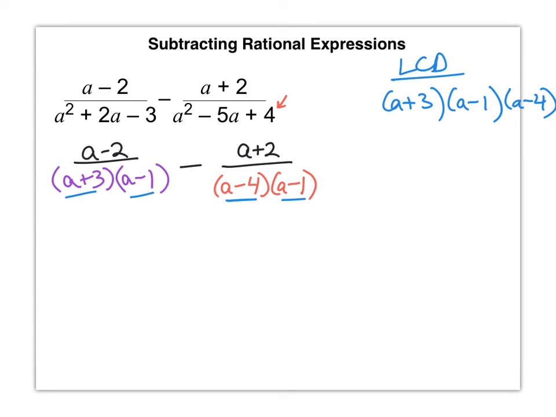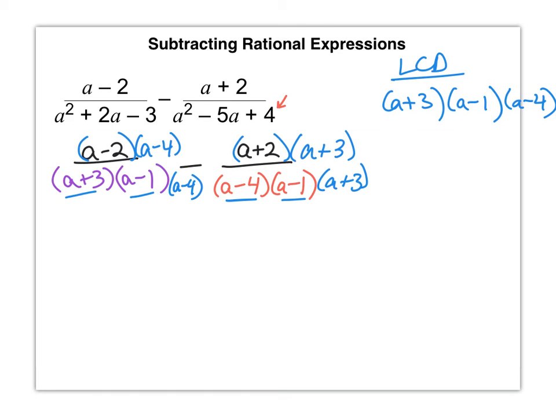We're going to multiply by whatever the missing factor is in the LCD. The first fraction is missing that factor of a minus 4. So we're going to multiply the first fraction by a minus 4 as long as we multiply the numerator by a minus 4 as well. The second fraction is missing the a plus 3 factor, so we're going to multiply the numerator by a plus 3 as well.